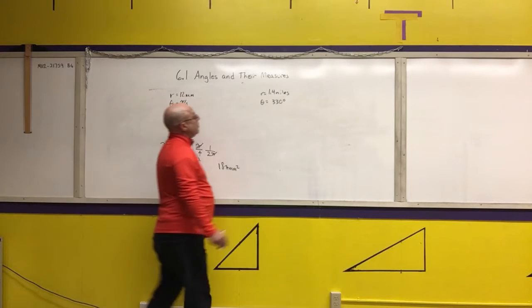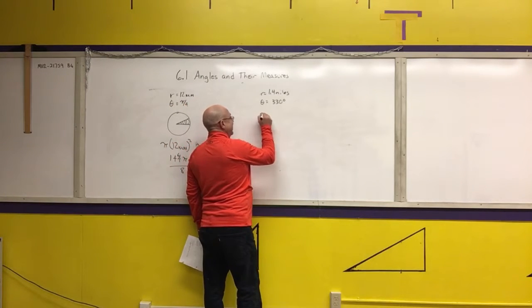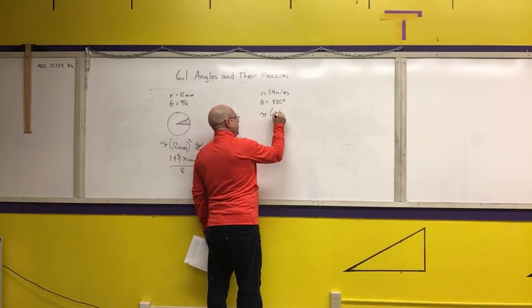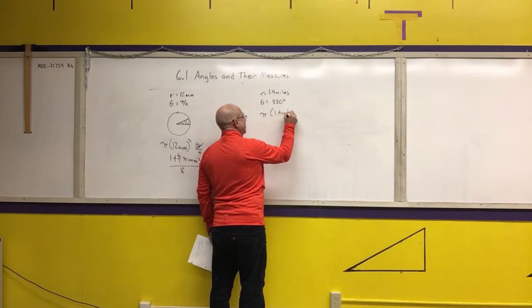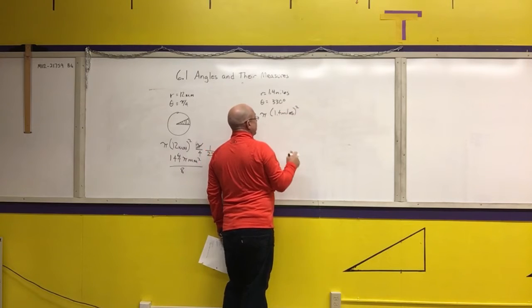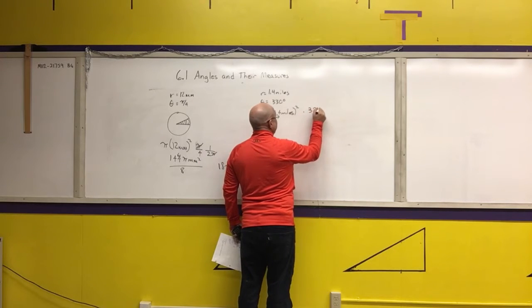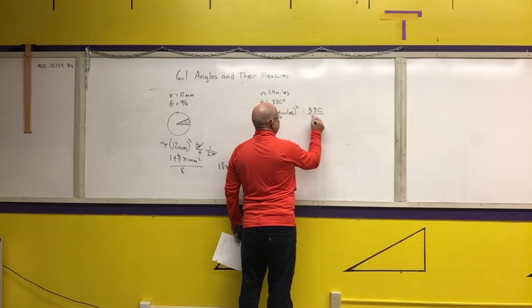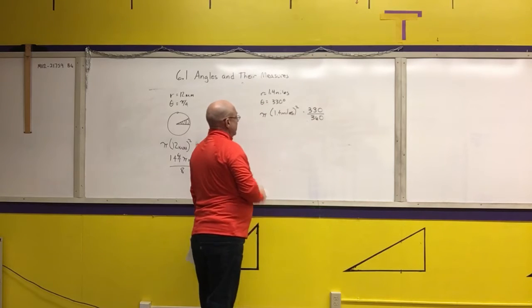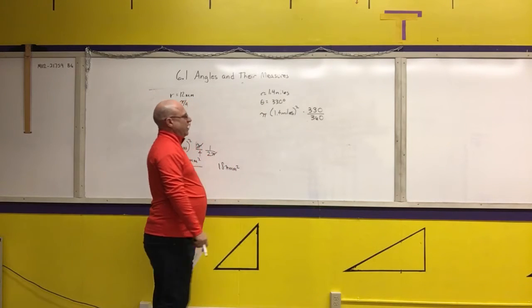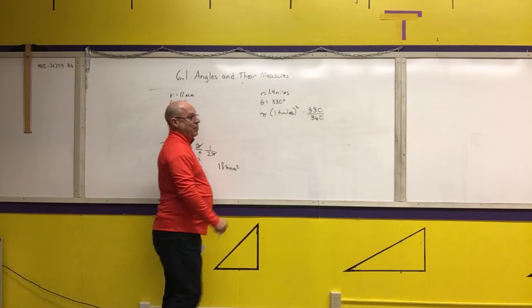The other example, pi times 1.4 miles squared times 330 over 360. I'd go ahead and let you use a calculator on this one. I would cheat.